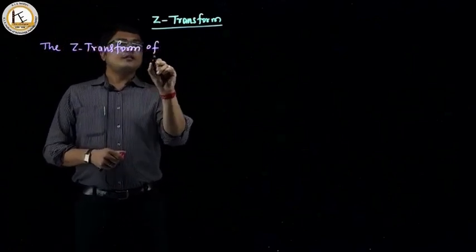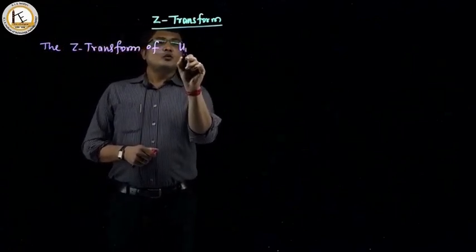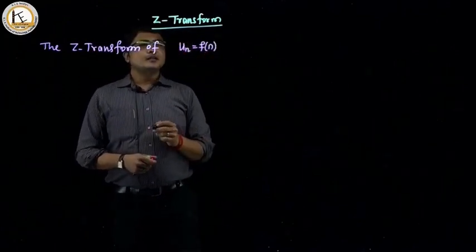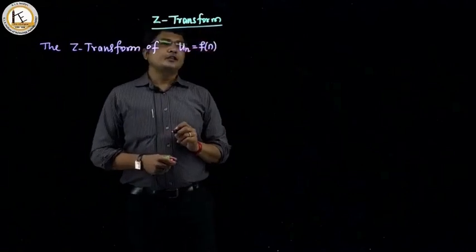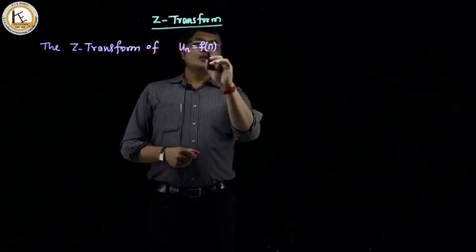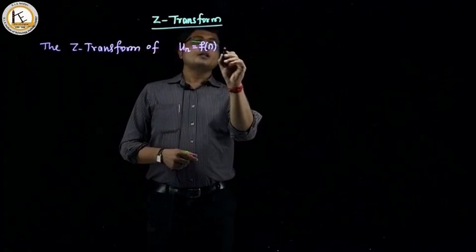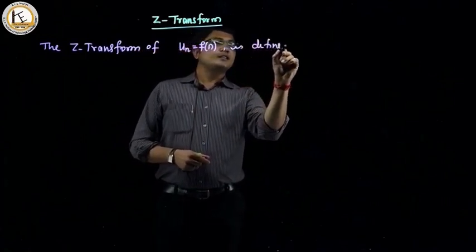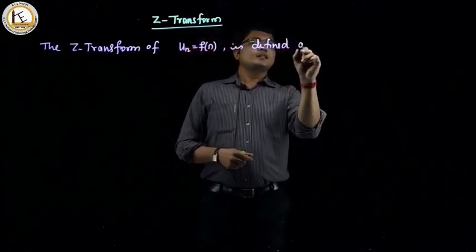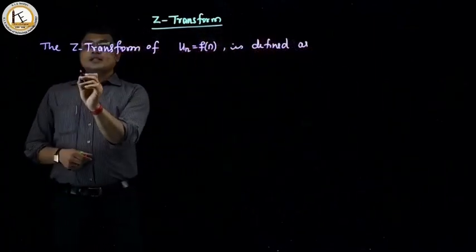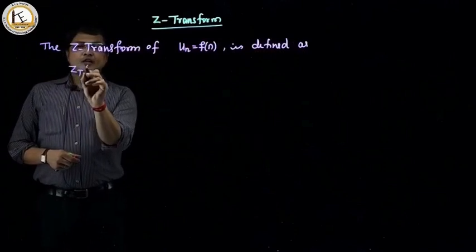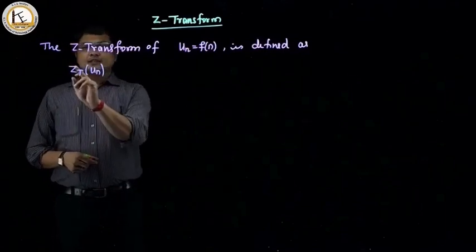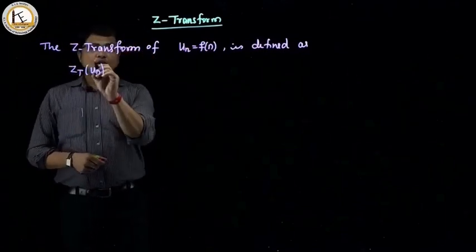The Z transform of the function u_n is equal to f of n, where n is a positive integer, is defined as follows.